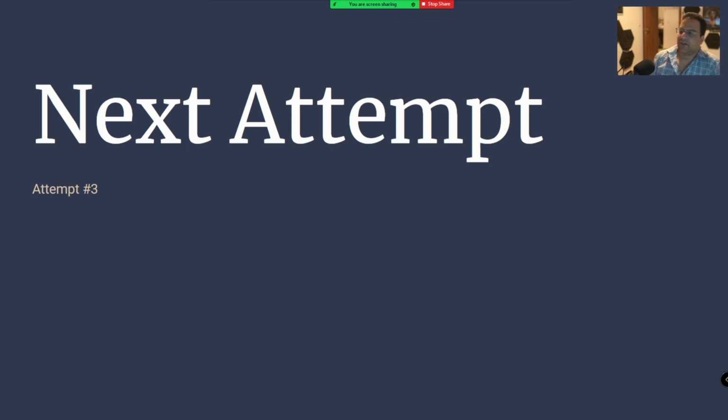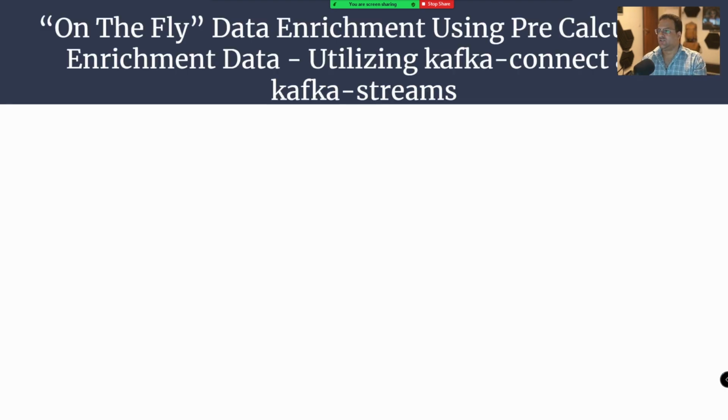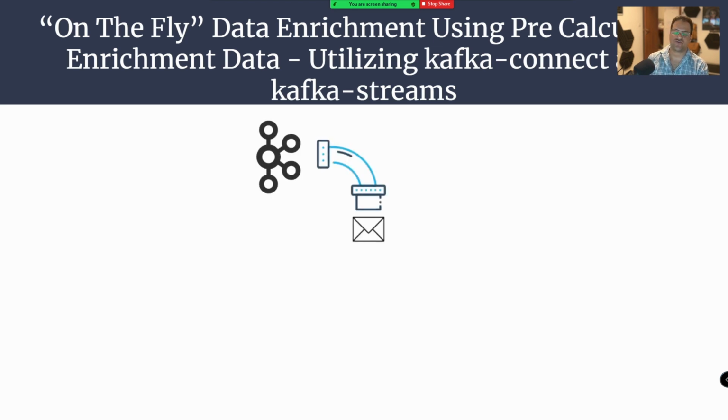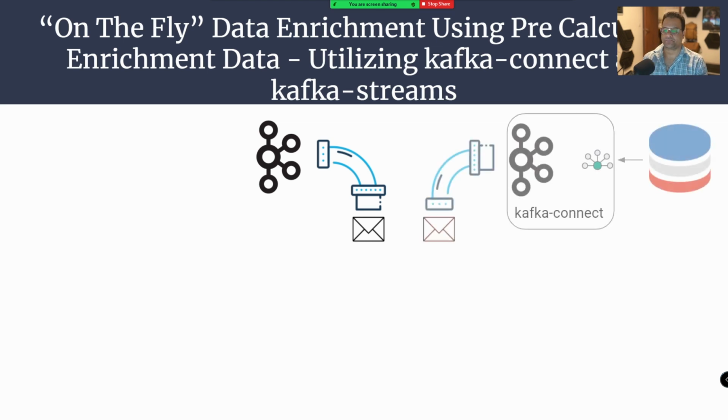And that's the next attempt. So this attempt is on-the-fly data enrichment using pre-calculated enrichment data using Kafka Connect and Kafka Streams. So let's describe the use case. We have a message that comes into a Kafka topic. This is the raw data.